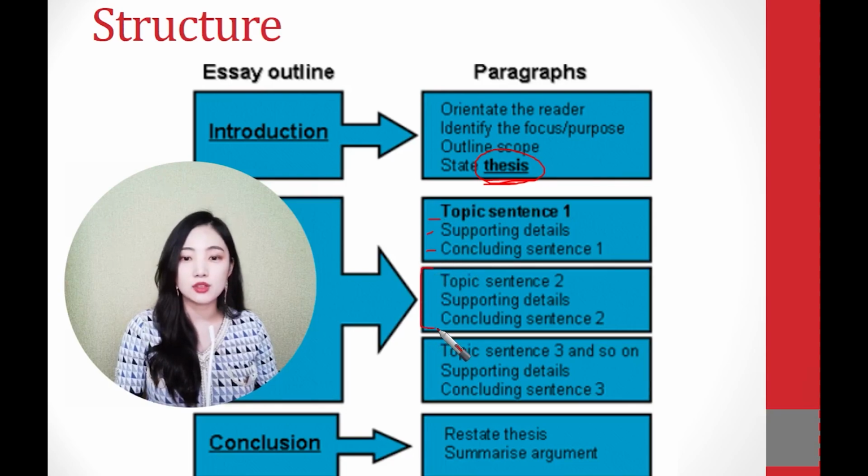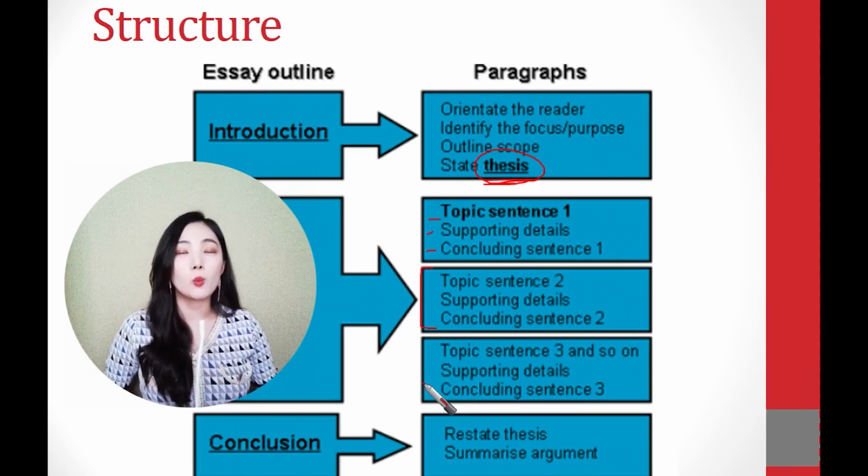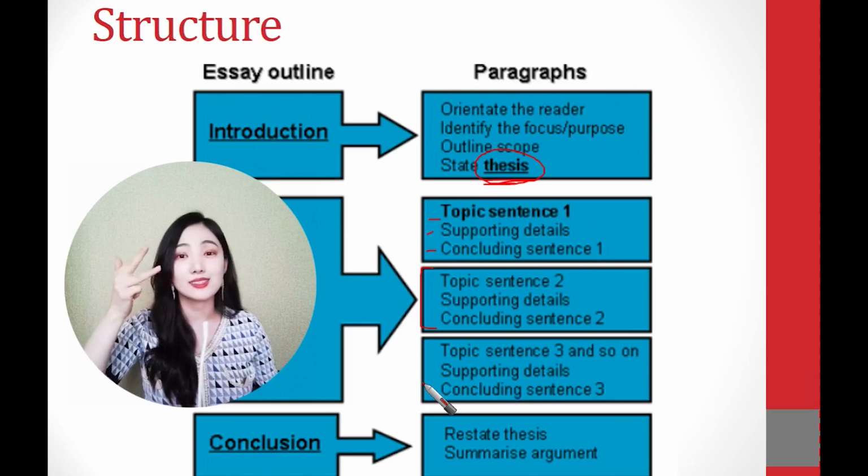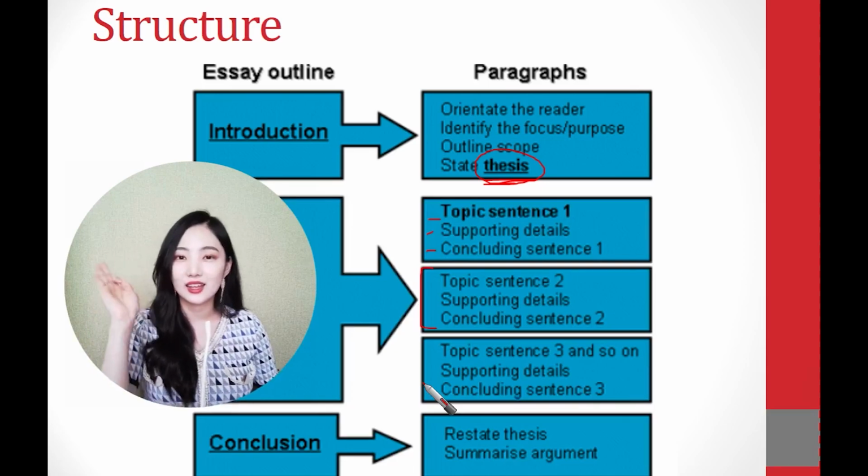Next body paragraph, it's the same. TS, SS, CS, TS, SS, CS. Okay, so I'm going to talk about what they are, TS, SS, CS, and their role by showing an example. So here, you don't have to remember everything. Just remember, this is TS, SS, CS. Do you understand?